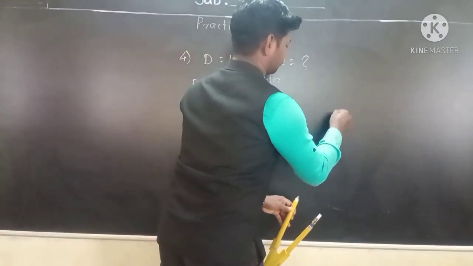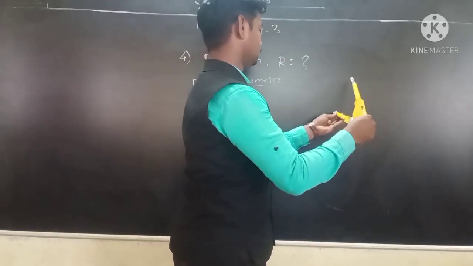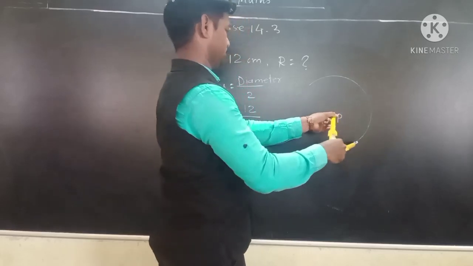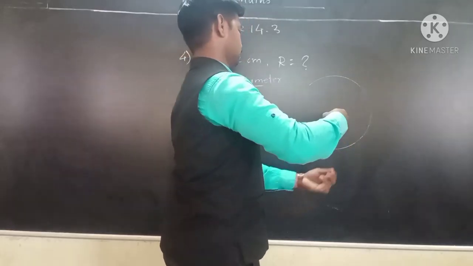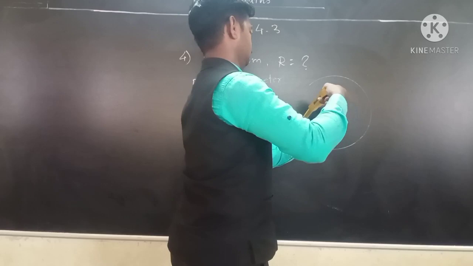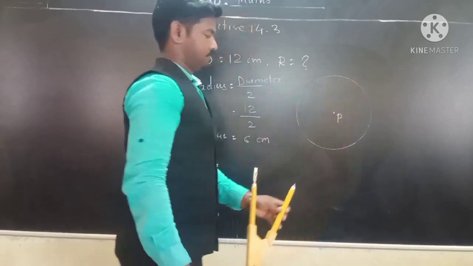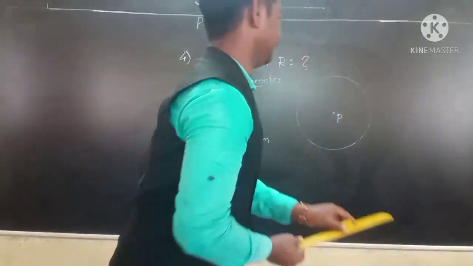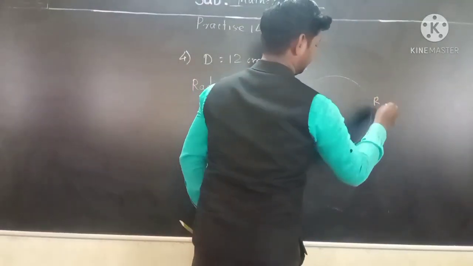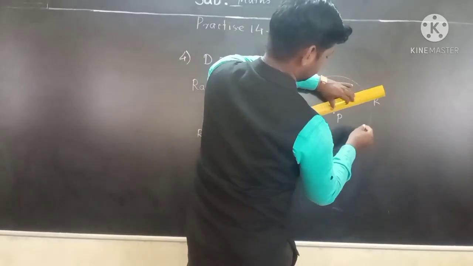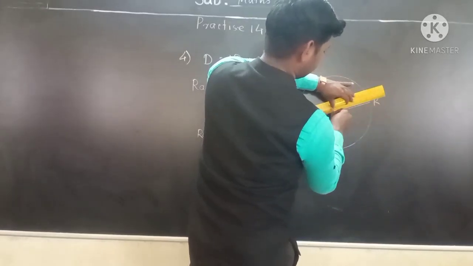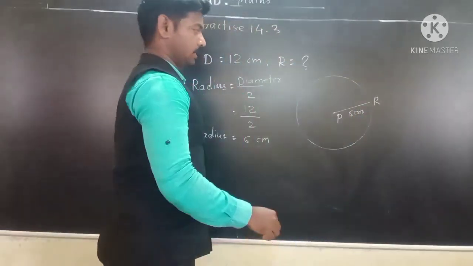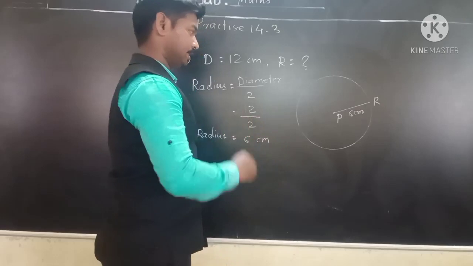So first we have to draw point P, then we will draw a circle. Okay, and we know that the radius is, we take R as any point on the circle, and we draw the line that is 6 centimeters. So radius PR is 6 centimeters.